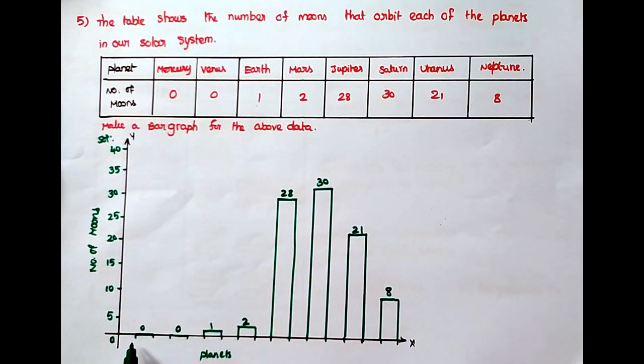Write down the planet's name here. Mercury, Venus, Earth, Mars, Jupiter, Saturn, Uranus and Neptune.